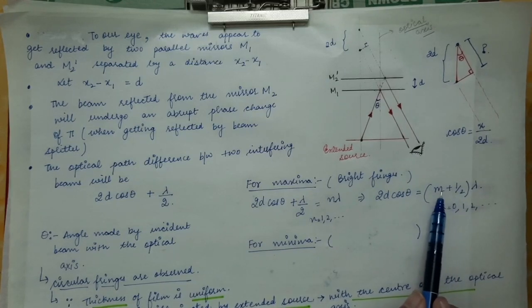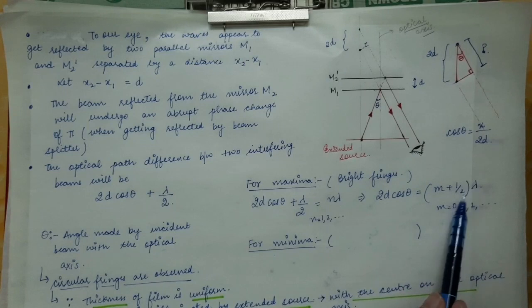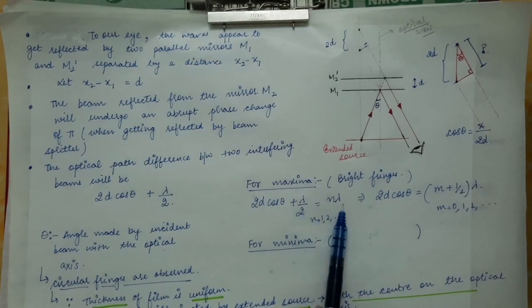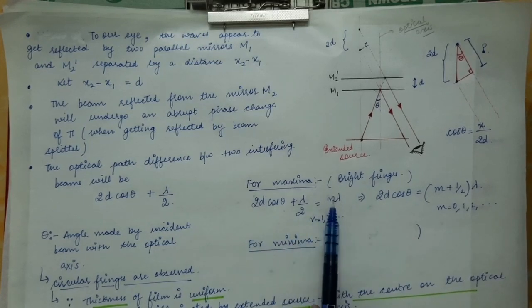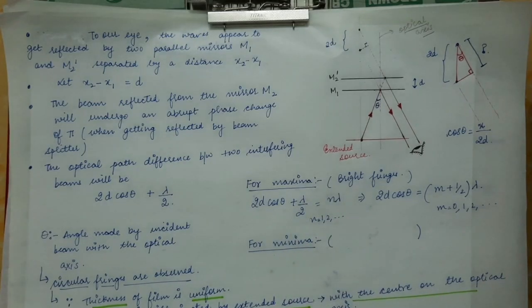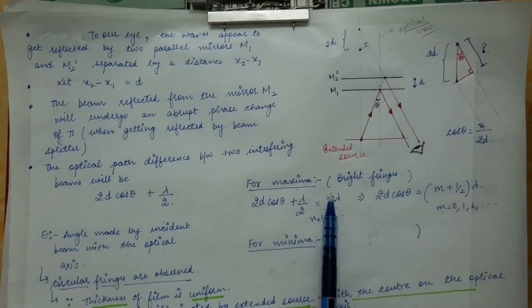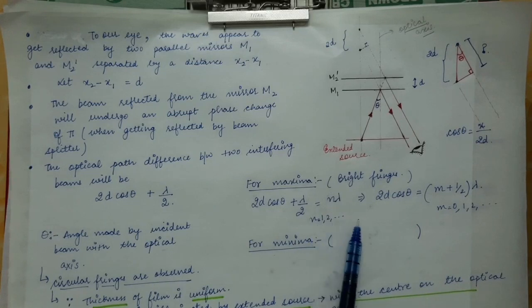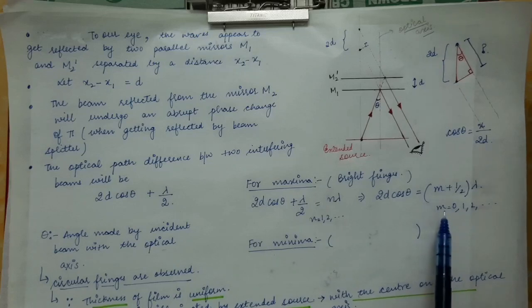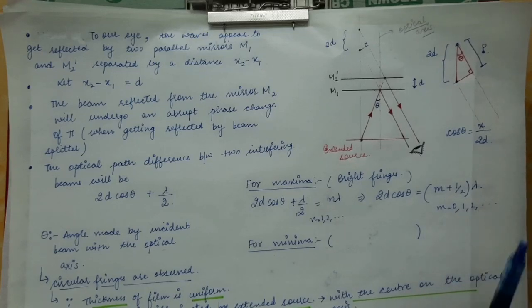So for m equal to 0, the path difference will be lambda by 2, and with n equal to 1 in the first equation, the path difference will also be lambda by 2. If you are taking n minus half, the variable n should go from 1 to infinity, but if you are taking m plus half, then m should take values 0, 1, 2, 3 and so on. So this is the condition of maxima.